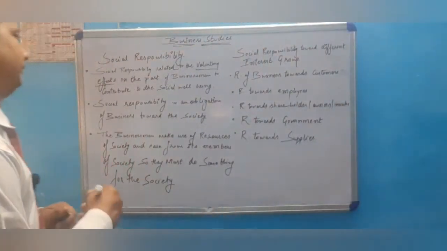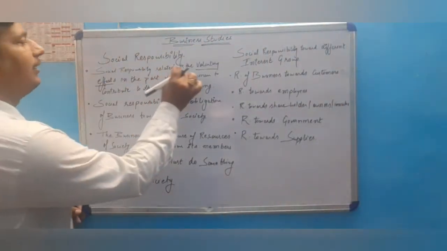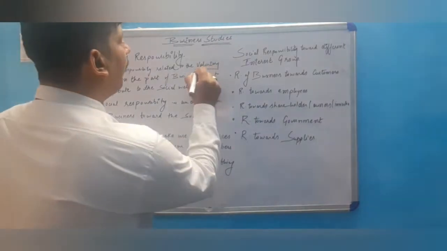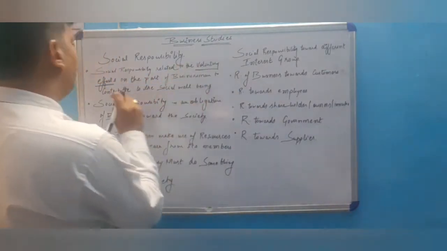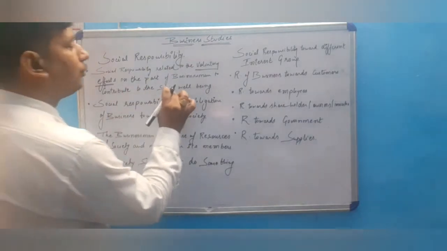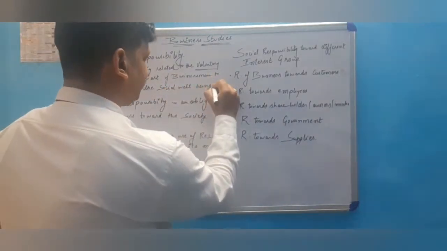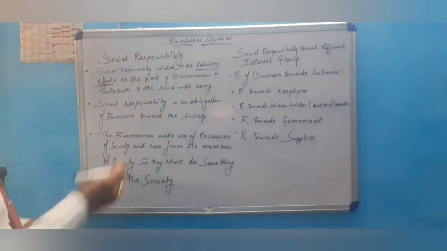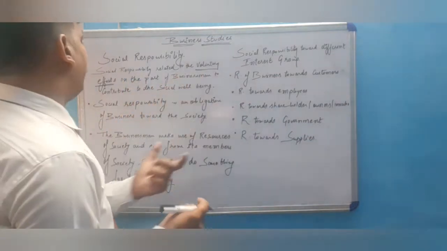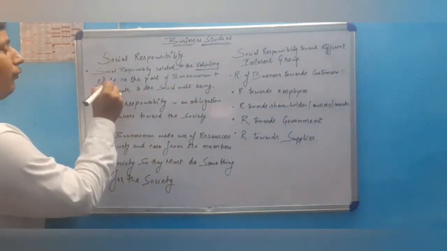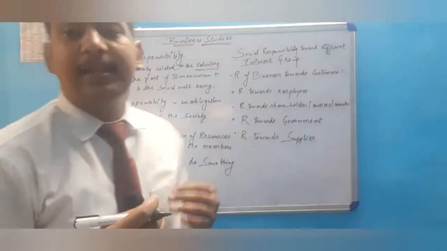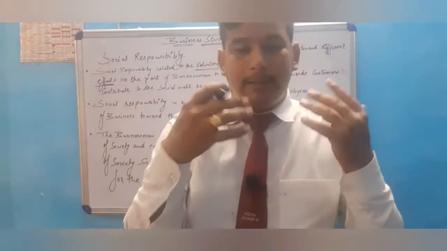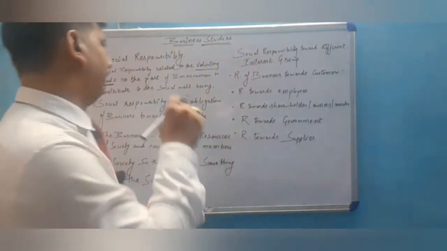Social responsibility is related to the voluntary efforts on the part of the businessman to contribute to social well-being. What is the meaning of voluntary efforts? Voluntary efforts means he is making the efforts by himself.